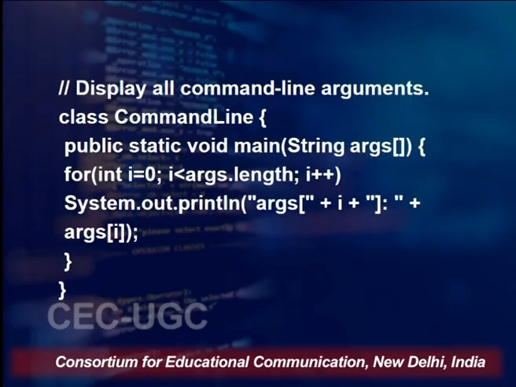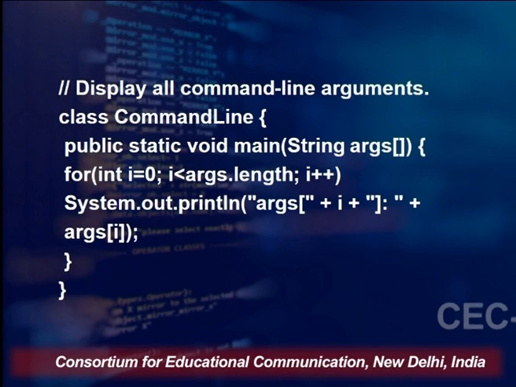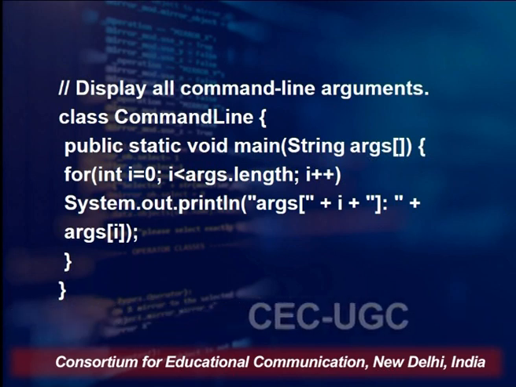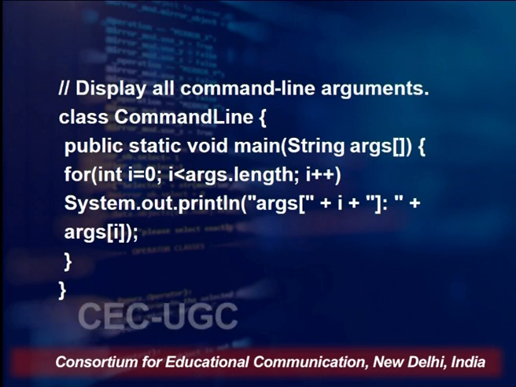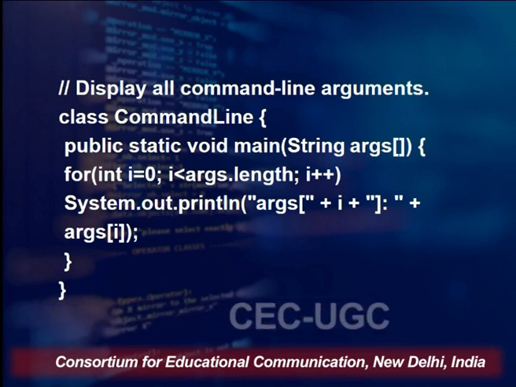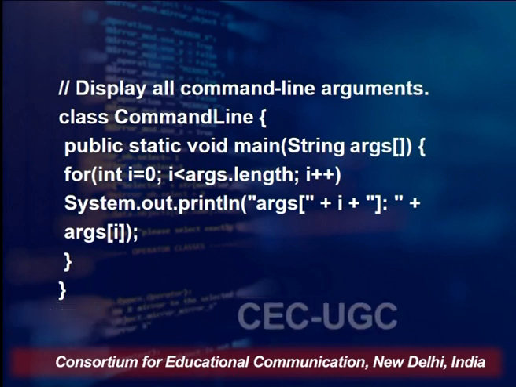Let us try to understand this with the help of a very small program. Here we have a class, which I have named CommandLine, then public static void main, and here we have String args. Whatever command line arguments are passed will be stored inside this args array, which is of type String.